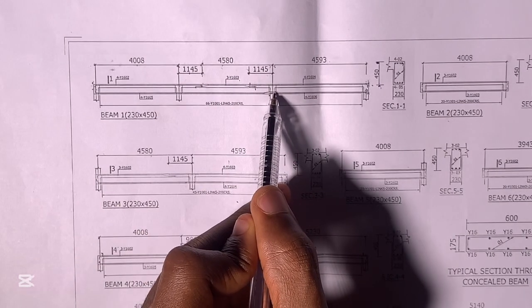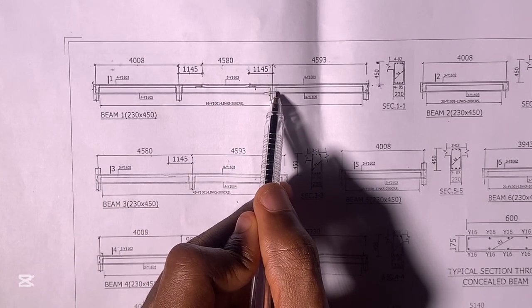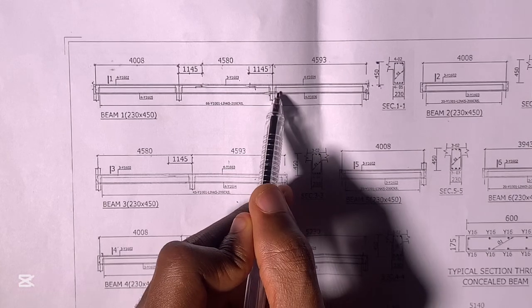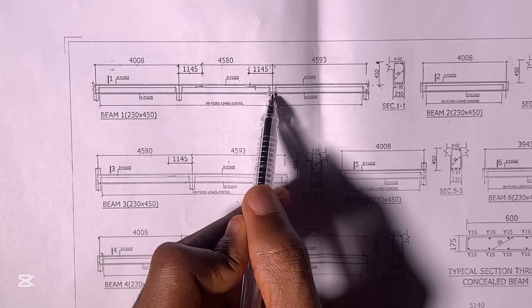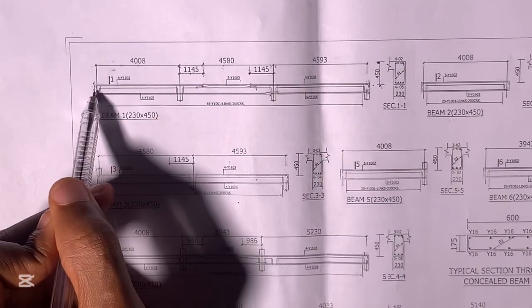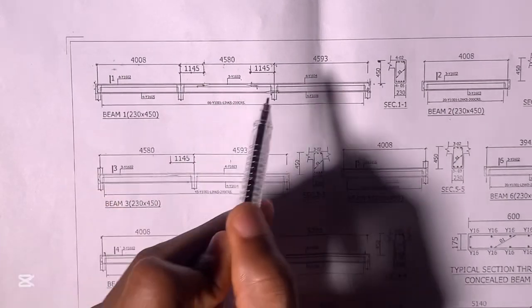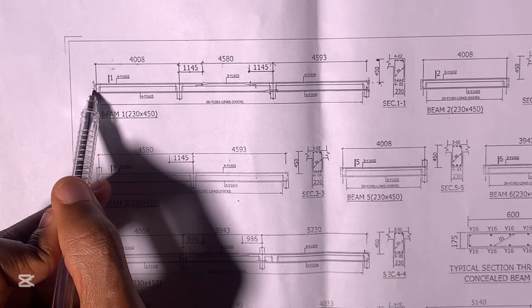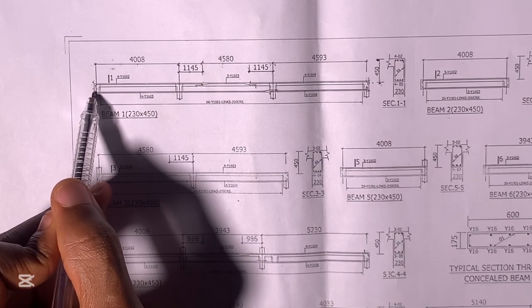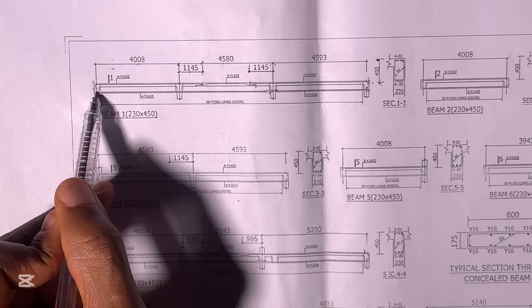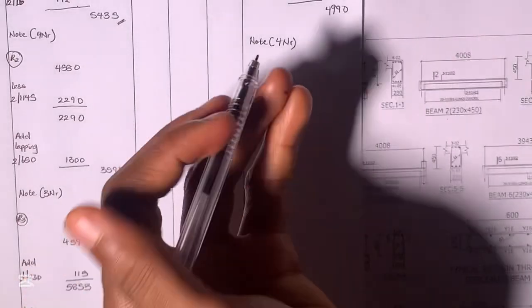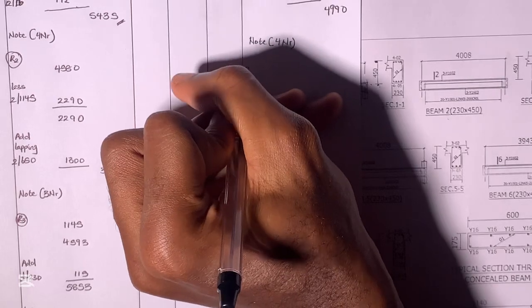So you can see the reinforcement enters and stops at the edge of this column, right? So we're now going to be adding half of the thickness of this column here. So we're adding 115 here and 115 here to get the length of this beam from this point here down to this end here. So when we now get our length, we'll now minus concrete cover and then add bend. So we're going to be naming that reinforcement 5.